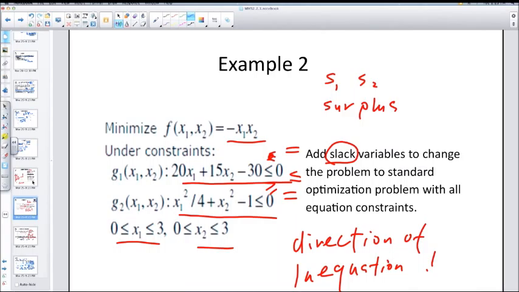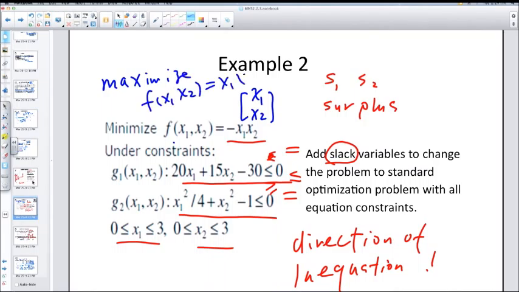We learned that the canonical form, you have the design variable x1, x2, the objective function. Wait a moment. How about if I say maximize this function f x1, x2 equal x1 times x2?